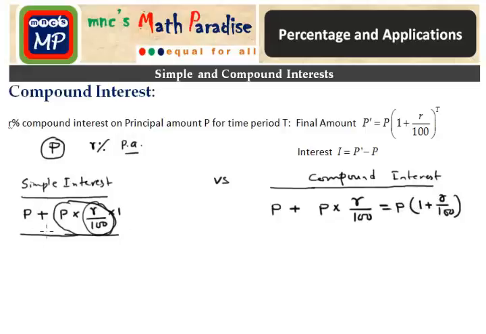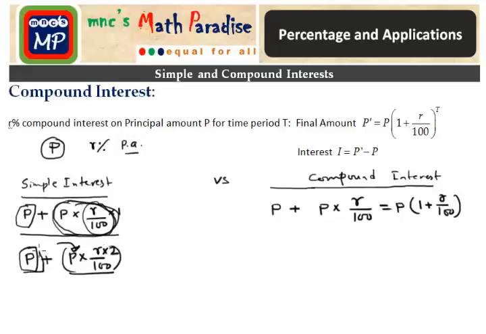So now in simple interest, principal amount remains same. That means in the next year also the principal amount is P, and new interest added is P times R division 100. This is the new interest and previous year's interest, so this becomes times 2.